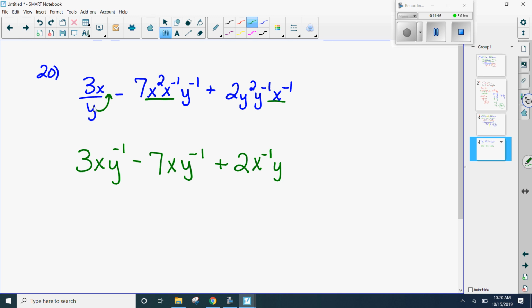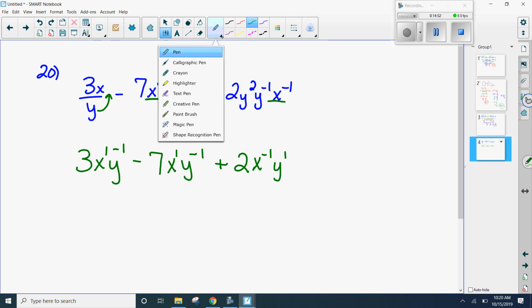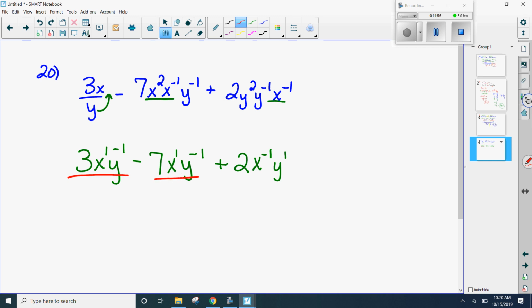Now, if you want to put those ones there, you can. They're understood to be there. So your like terms are just the first two terms because they have the same variables raised to the same power. So what do you do with those two terms? Just combine the coefficients. What's 3 minus 7? Negative 4.